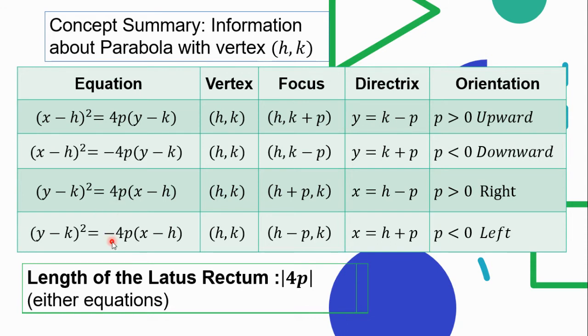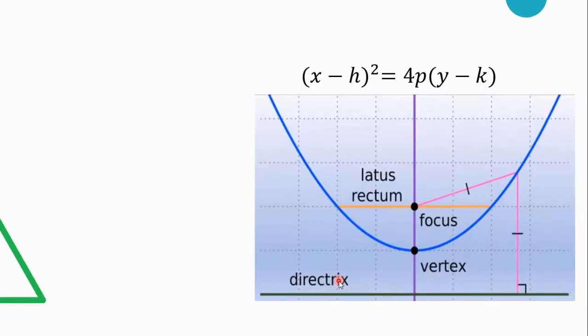Now the sign matters: if positive, right; if negative, left. Then we follow the conditions for the focus and the directrix. The length of the latus rectum is the absolute value of 4p.